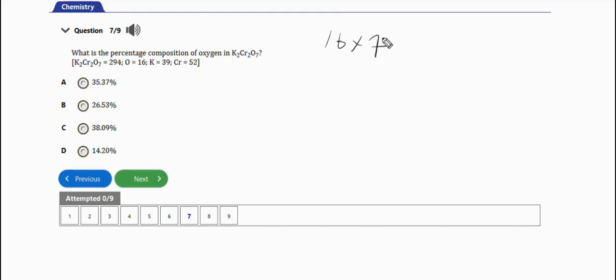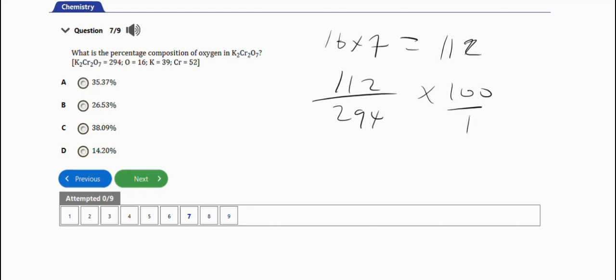When you simplify this, you're going to have 112. Now, to get the percentage composition of oxygen in this compound, it is going to be 112 over the total molecular mass, that's 294, times 100 over 1.